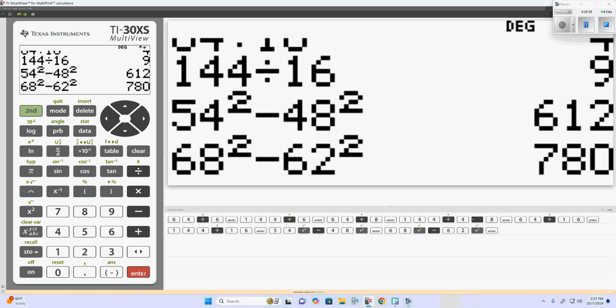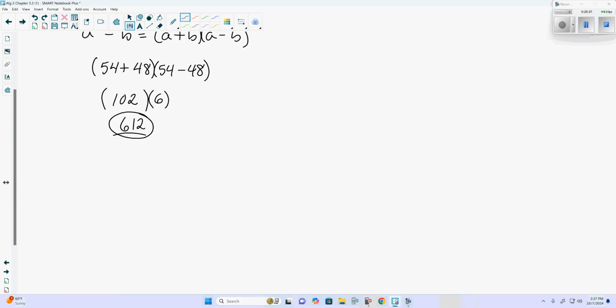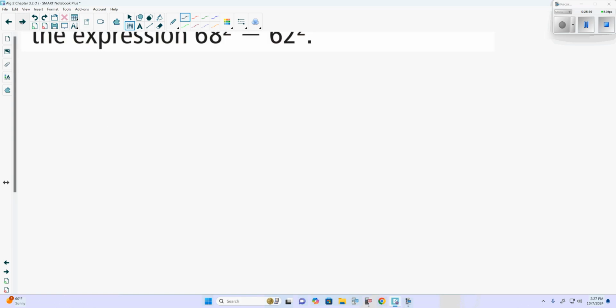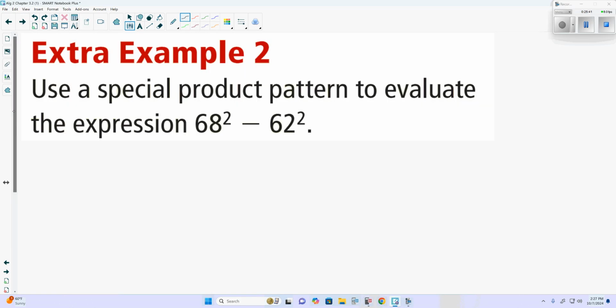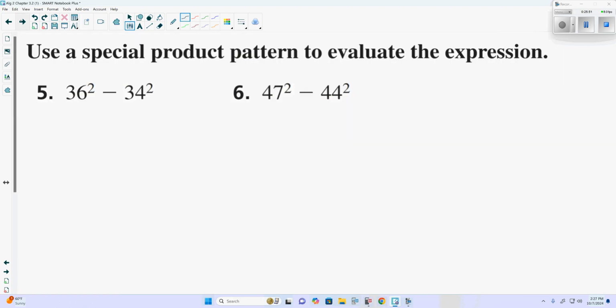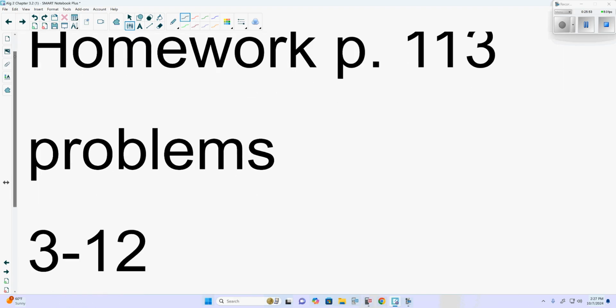Yeah, I mean, they're straight numbers. There's nothing stopping us from just plugging these in. The only reason this is nice is if we didn't have a calculator and we're trying to figure this out, we could figure it out quickly. Add them, subtract them, and multiply those two numbers together. So that's it.